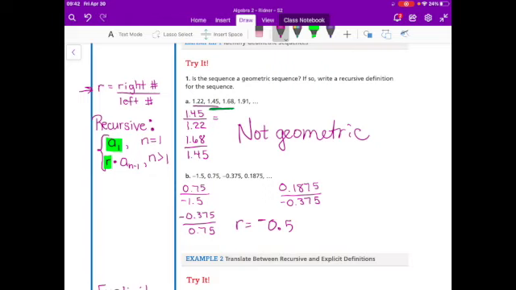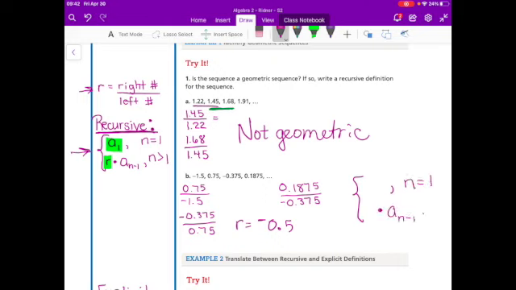So notice the second part of this example says, write the recursive definition for this sequence. Recursive definition is just this that I have over here off to the side. And you are only going to change 2 things, meaning you're going to write everything that I did over there, but the 2 things that are highlighted are the only things that change.